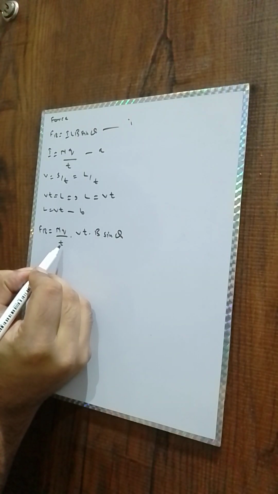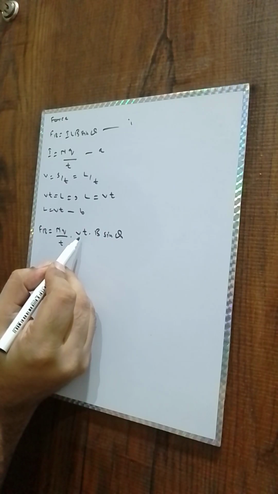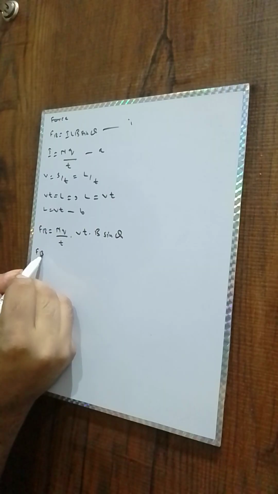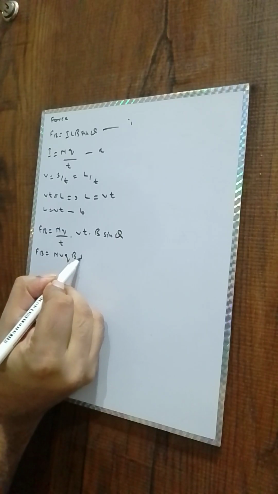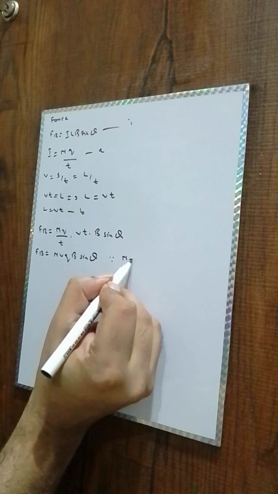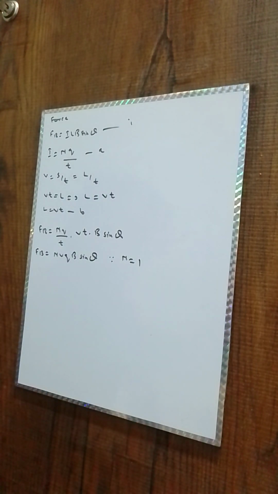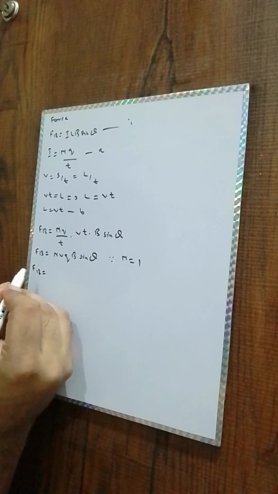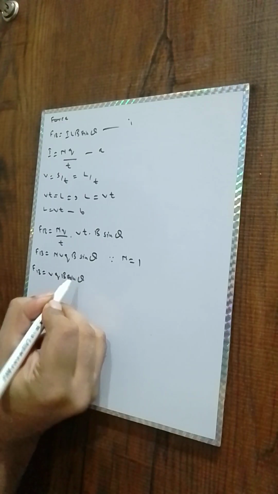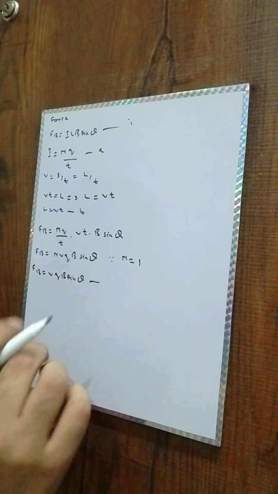T cancels out here, so we are left with n v q B sine theta, and if n is equal to 1, that's for a unit particle, the very basic general form would become Fb is equal to vqB sine theta. We have to keep this in mind as well.